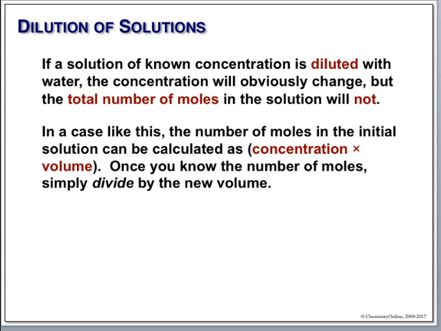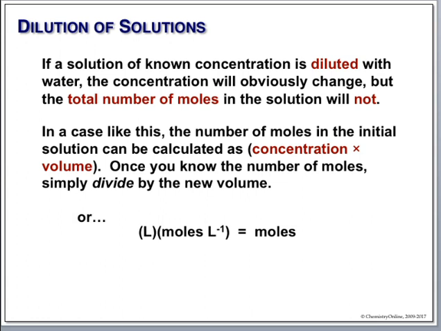We're going to use concentration times volume to figure out the number of moles, and then our new volume to figure out molarity. Concentration times volume gives us moles. Very important.